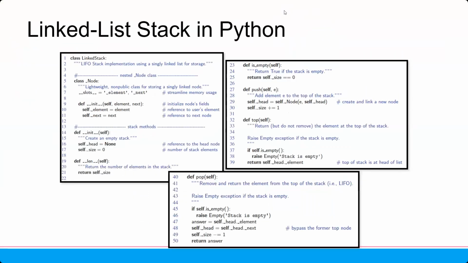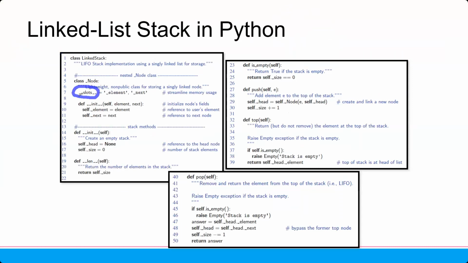So this is an example of the linked stack. In the linked stack, I'm going to have another class. I have this node class. The node class will have slots.